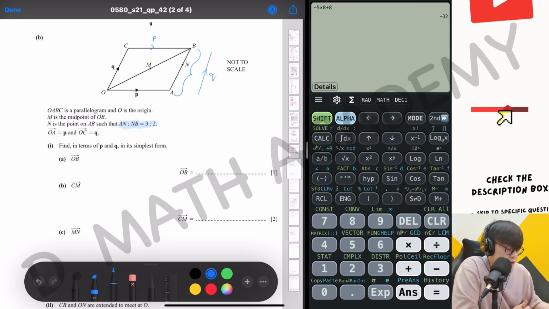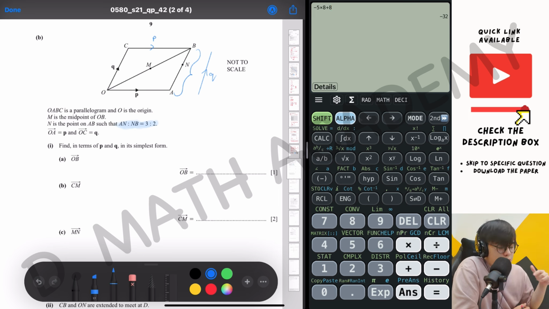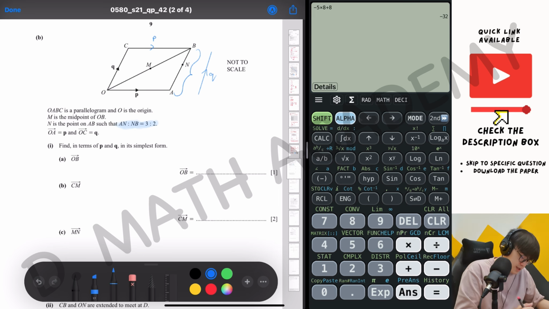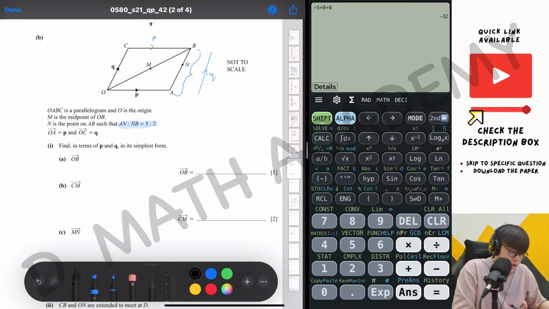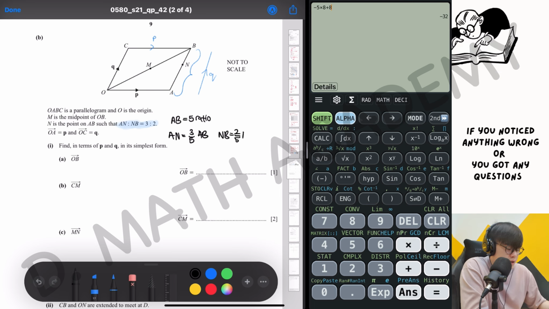So this is the context that you need to know in a parallelogram setting. So the next thing that I'm going to adjust is that your AB here is actually 5. So your AN will be 3 out of 5 of the entire AB, while NB will be 2 out of 5 of the entire AB there.